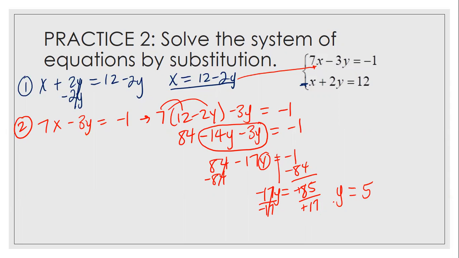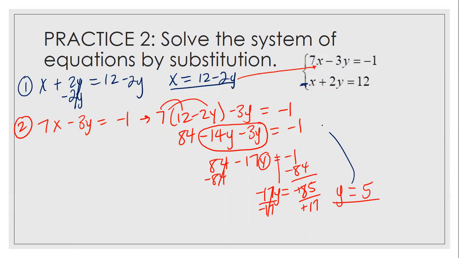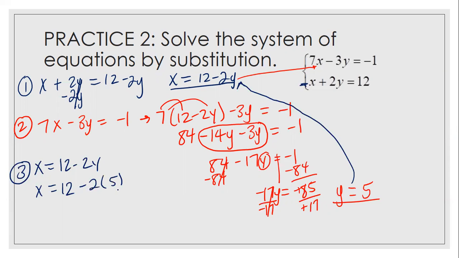So now you have your y. To get our x, we take the y and substitute it back in. So we're using x equals 12 minus 2y, but we know what y is. And y is 5. So we have x equals 12 minus 10, which is x equals 2.